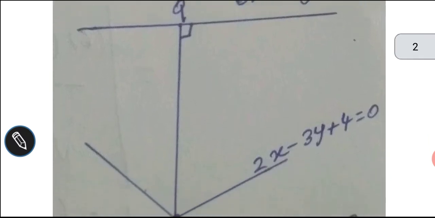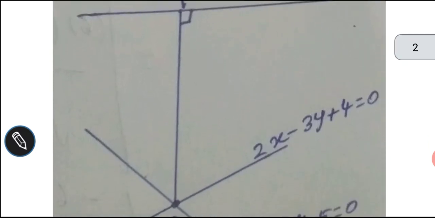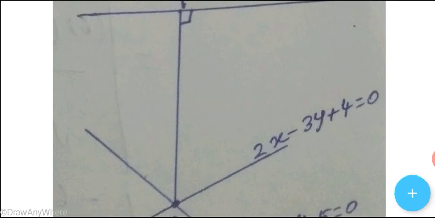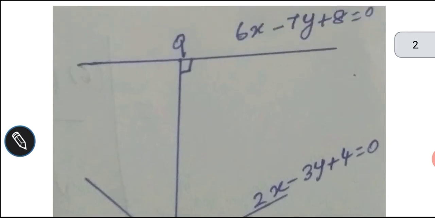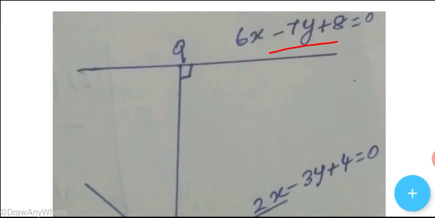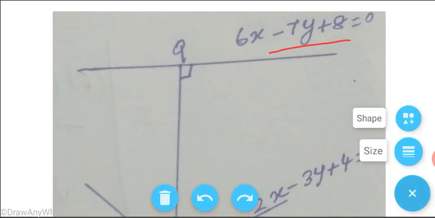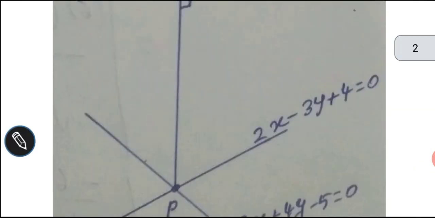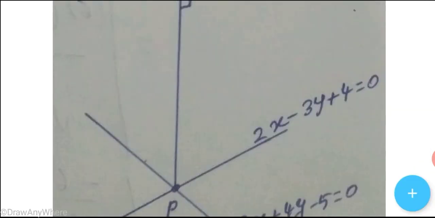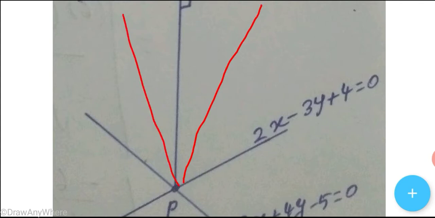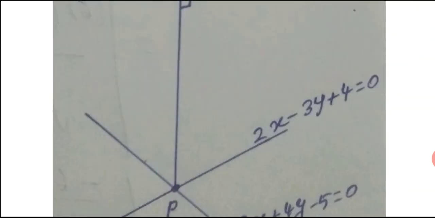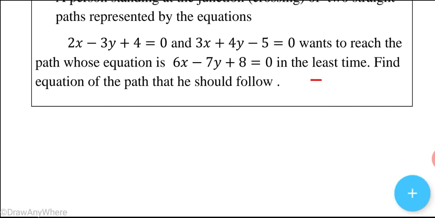There are many routes to reach the line 6x minus 7y plus 8 equal to 0 from the point P. The person is at point P. He can take this path or this path or this straight line. But in the problem it is given that he wants to reach it in the least time.